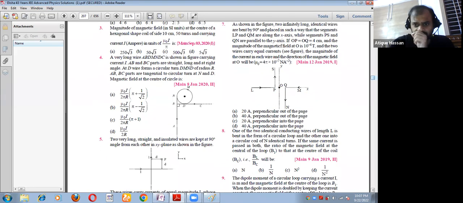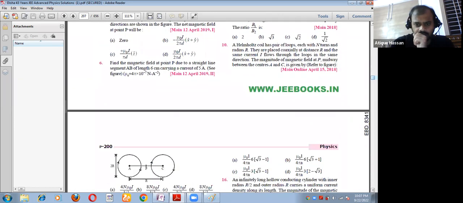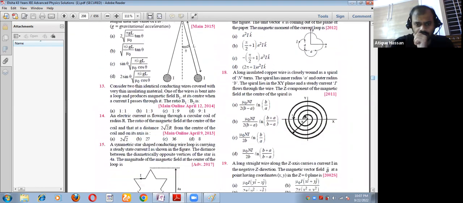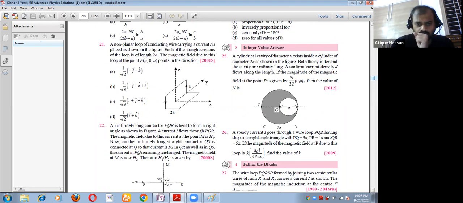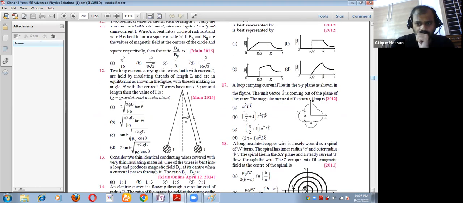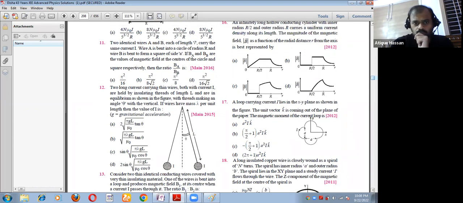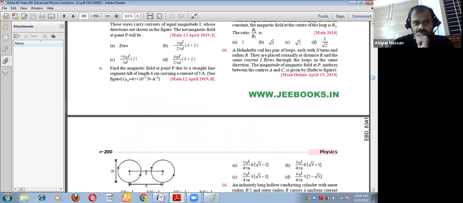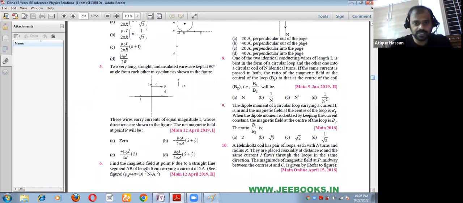This question 7, you can solve. All of you try this question number 5. This is a JEE Main 2019 question.